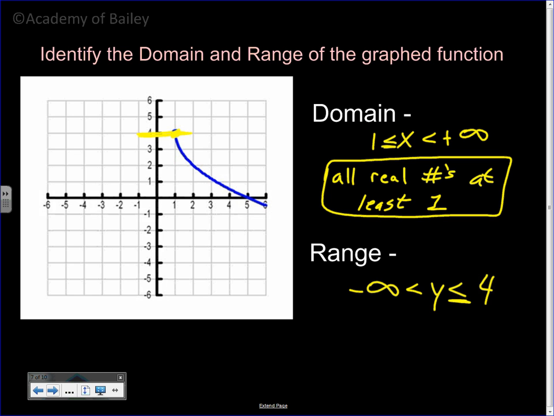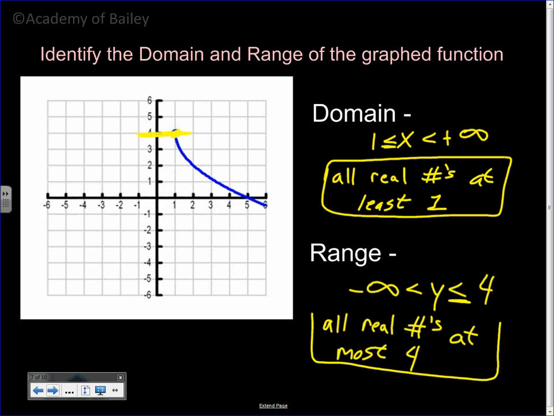So the range here, we will say it is all real numbers less than or equal to 4, or we can say all real numbers at most 4. I think I like less than or equal to better.